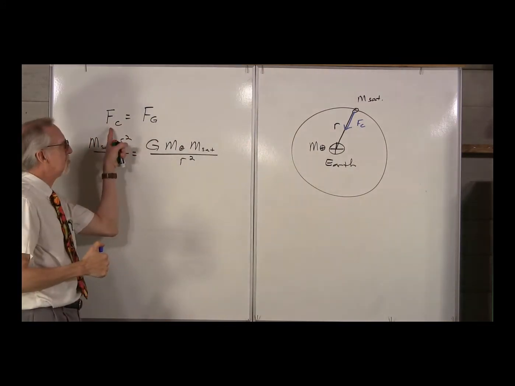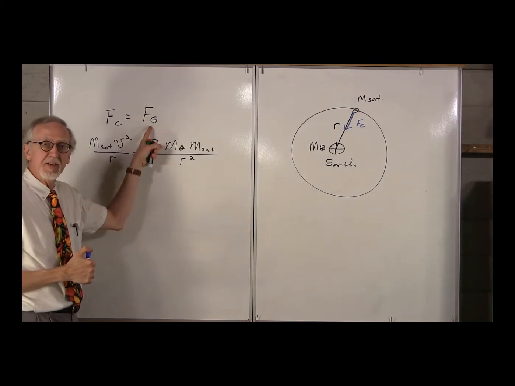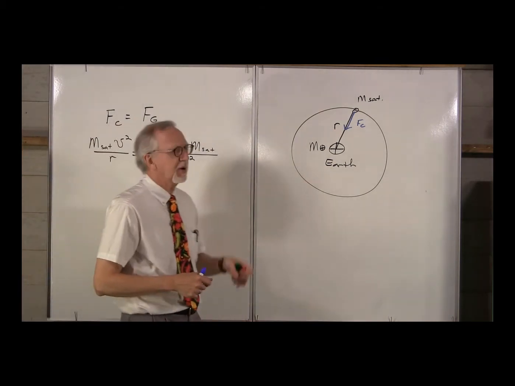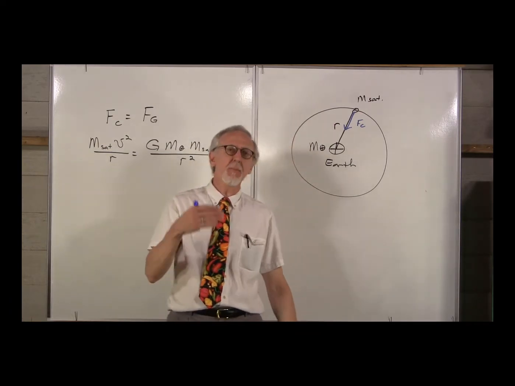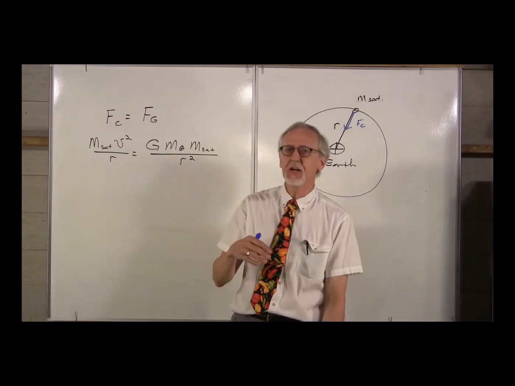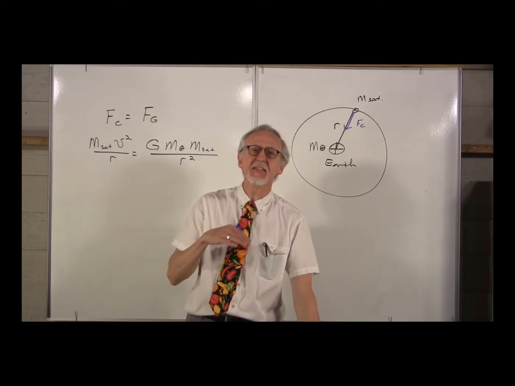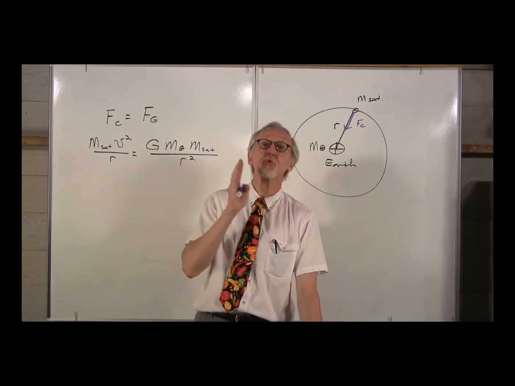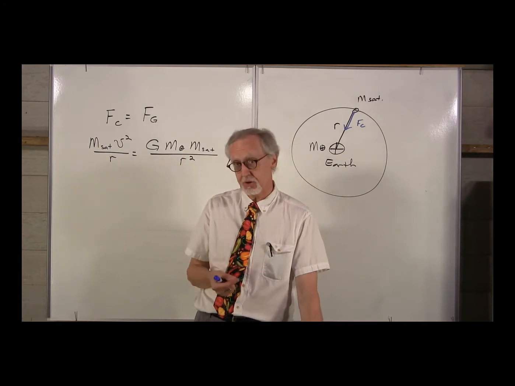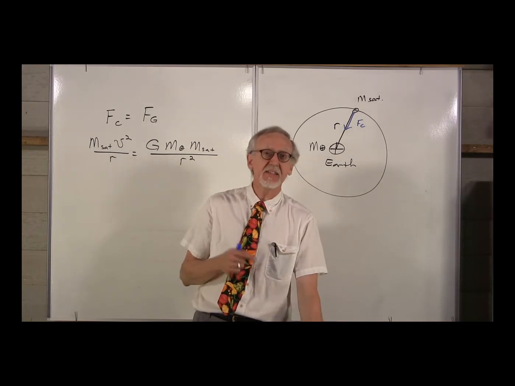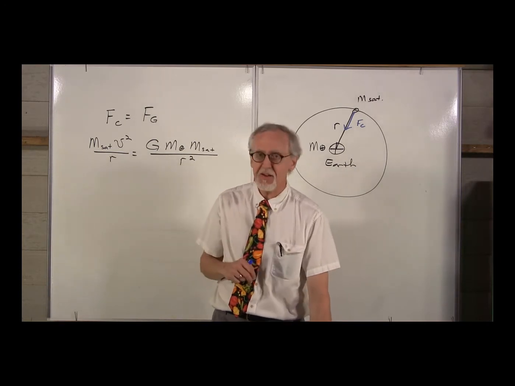So we want the centripetal force equal to the gravitational force. Remember, the centripetal force is not an extra or additional force. Some force acting on the object is acting as the centripetal force. It's acting towards the center of the motion that keeps the object moving in a circle. And what is acting centripetally in this case is gravity.